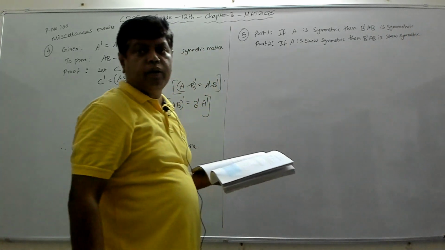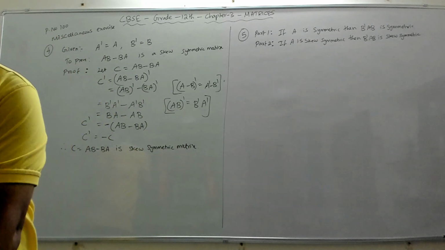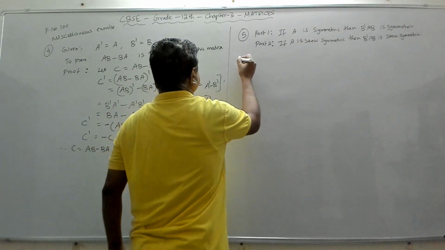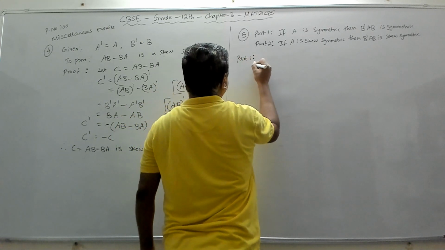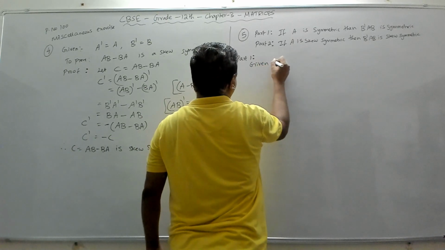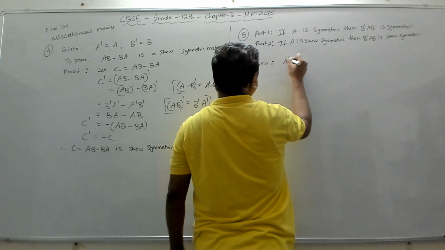So there are two things that we need to prove in this question. We'll do part one first. In part one, what is given? Given is A is a symmetric matrix, which means A transpose is equal to A.